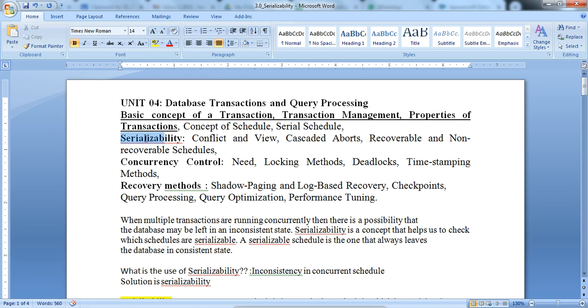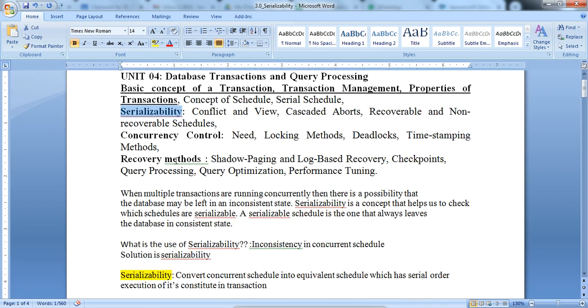Now, serializability means what? When multiple transactions are running concurrently, there is a possibility that the database may be left in an inconsistent state.